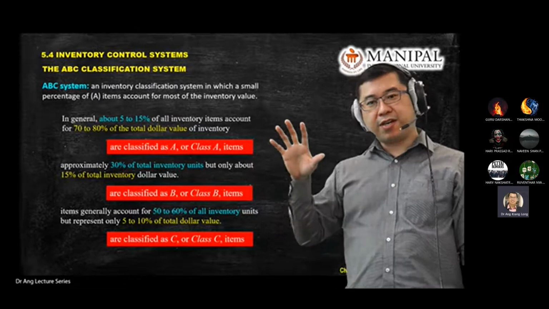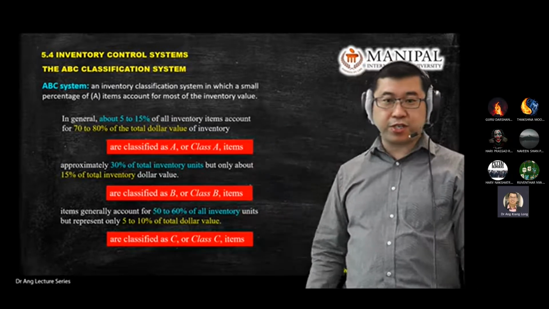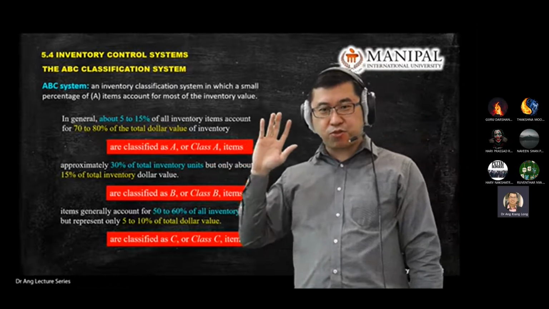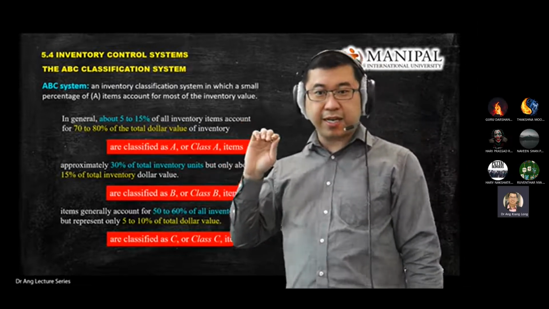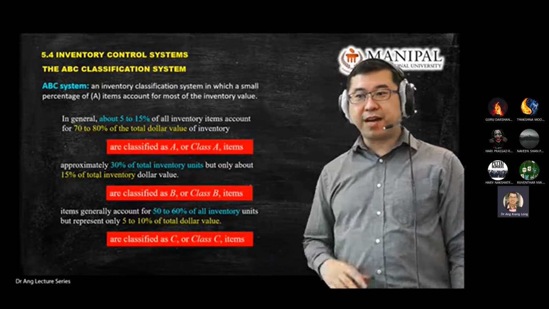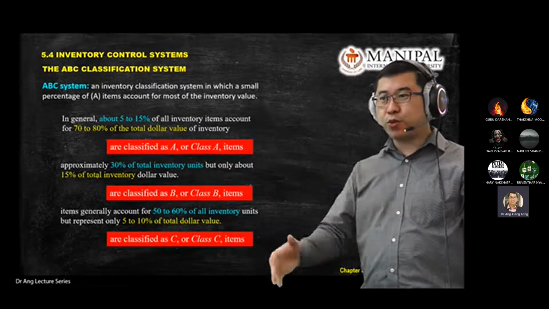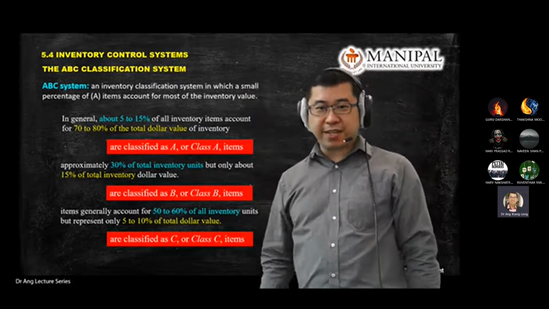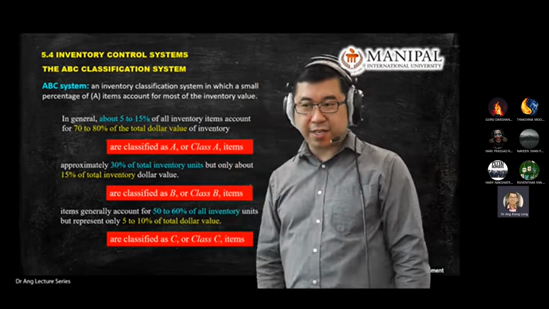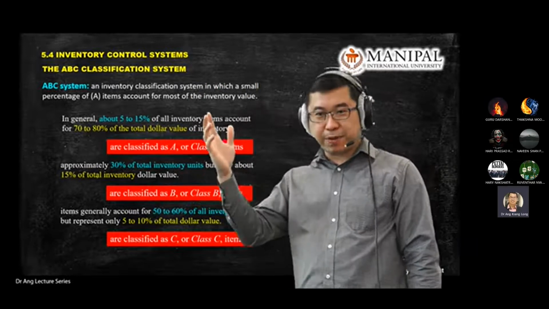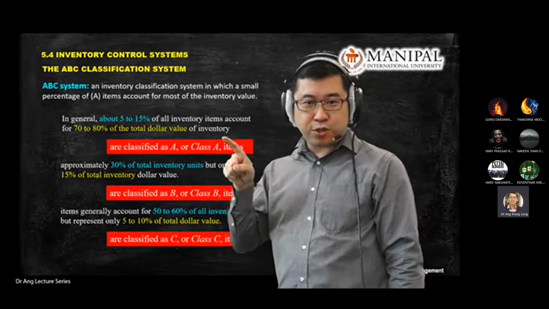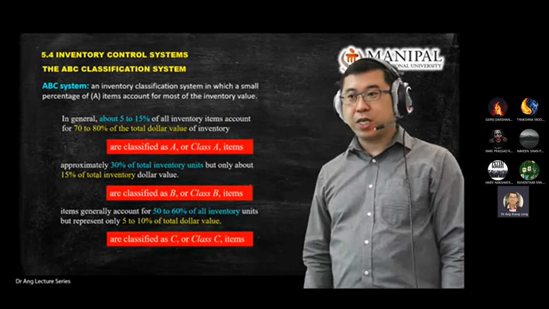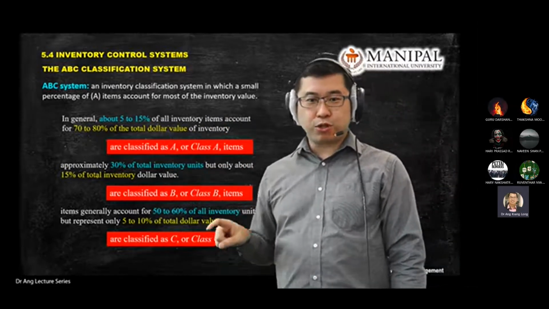Just to give you a simple illustration. A, in short, is extremely expensive items in your store. If you walk into your store, those expensive items fall under class A. You won't find many expensive items in your store.